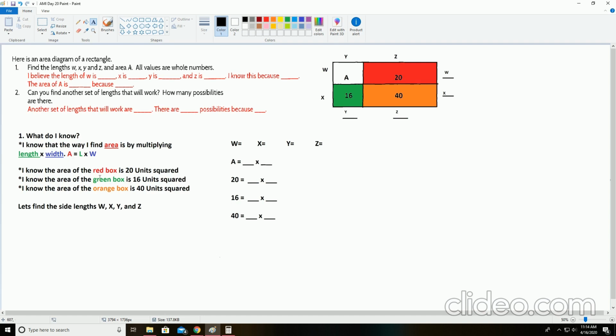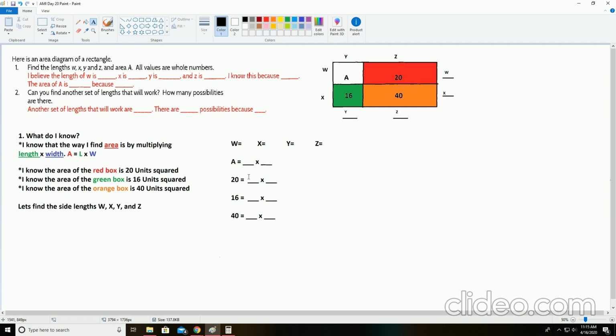So I know that the area of the red box is 20, the green box is 16, and the orange box is 40. So I could experiment with some numbers over here to figure out what I am multiplying, the length times the width to get 20, to get 16, and to get 40. And I think that's going to help me to find my area for letter A.